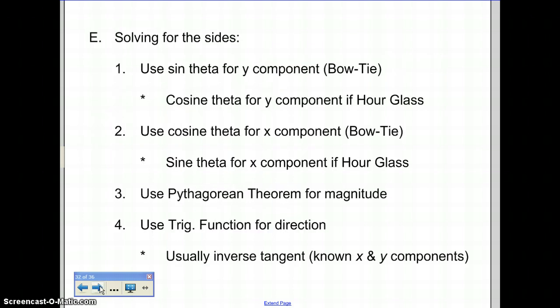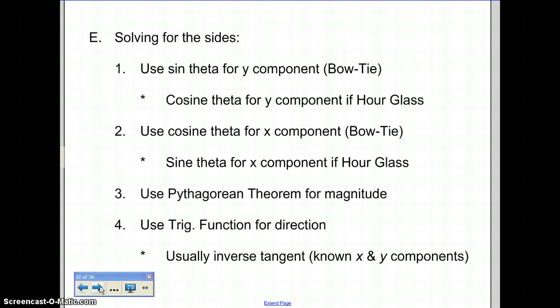Okay, moving right along. So solving for these sides, what you really want to do is use sine theta for the y component if you're dealing with a bow tie triangle. Use the cosine theta for a y component if you're using an hourglass triangle. Use cosine for the x if it's a bow tie. Use sine for the x if it's an hourglass. Use the Pythagorean theorem for magnitude, and use the trig function for direction.